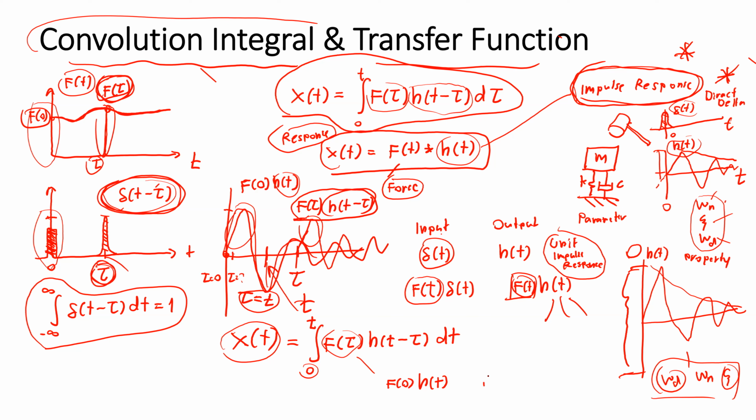When time equals 0.01, you need to find the magnitude of the force at that point of time, and the impulse response at that point of time means the unit impulse response with the time shift.